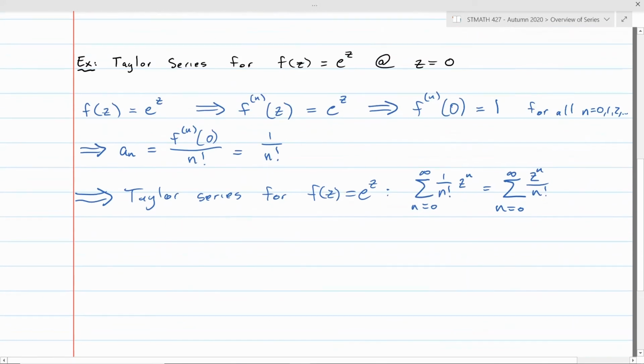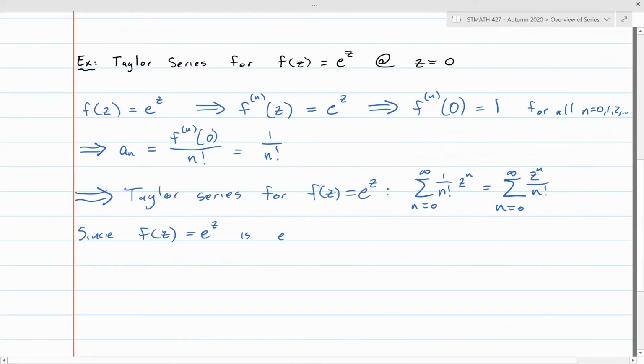Well, our particular function here is entire, so you can think of the r naught in the theorem above as equal to infinity. So the radius of convergence of this series is infinite. That means the Taylor series represents the function on the entire complex plane.